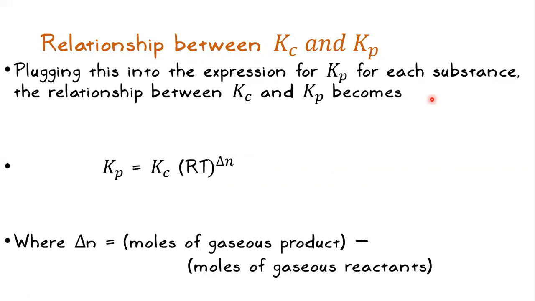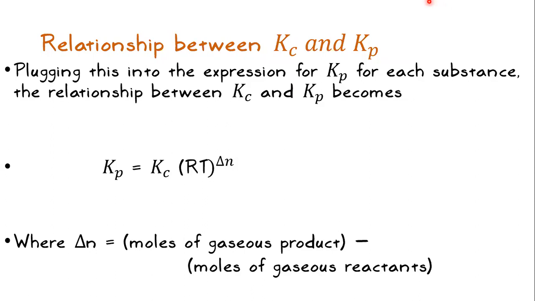Kp is the pressure or the partial pressure of a reaction. The equilibrium constant in terms of partial pressures, right? Okay. What about Kc? Kc is the concentration. Okay, so the equilibrium constant in terms of concentration. Who else? We want another answer from someone else.